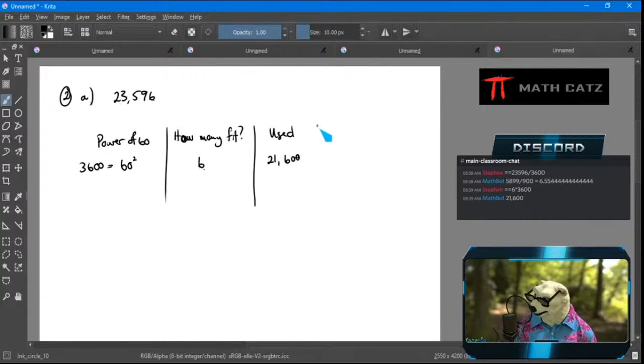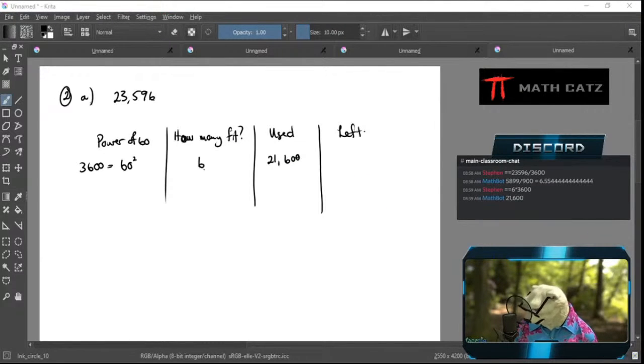I still have a little bit left. So I can figure out what's left by way of a subtraction. Let's show the subtraction as well. And you have to be able to do all this, of course, in one way or another, whether you use a table to make it systematic and easy or not.